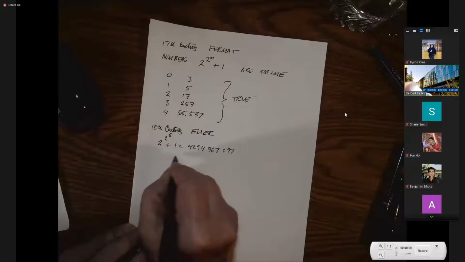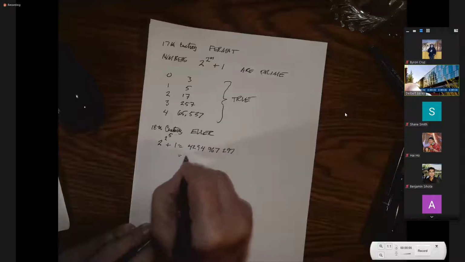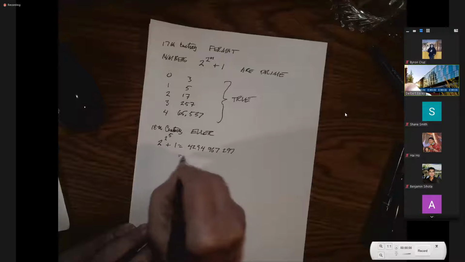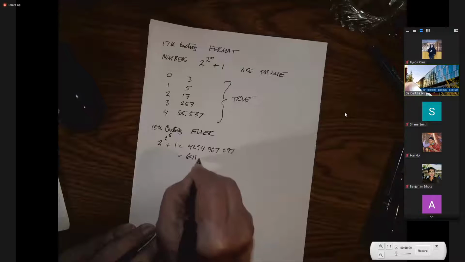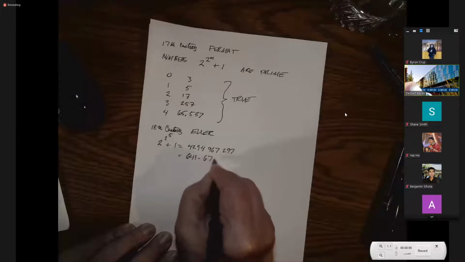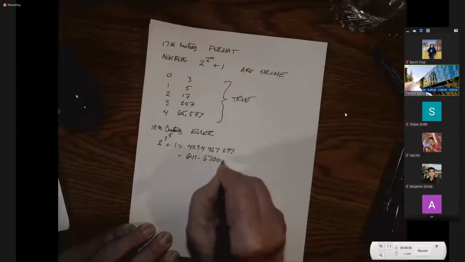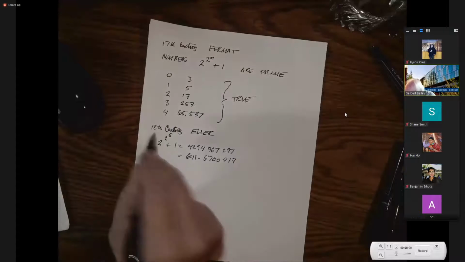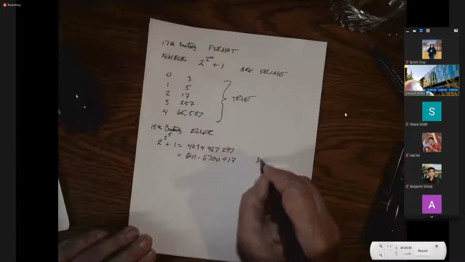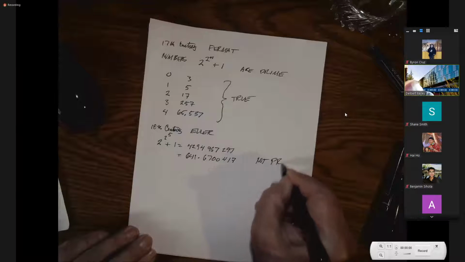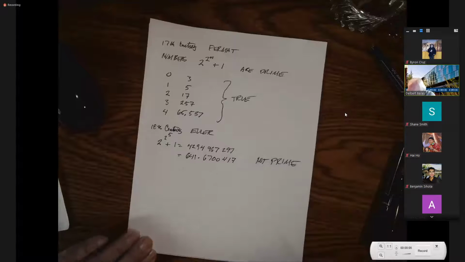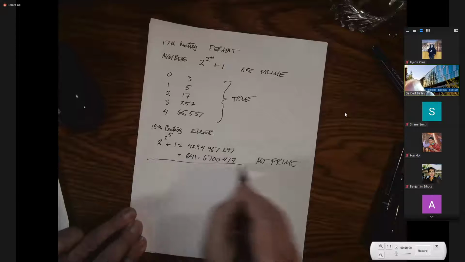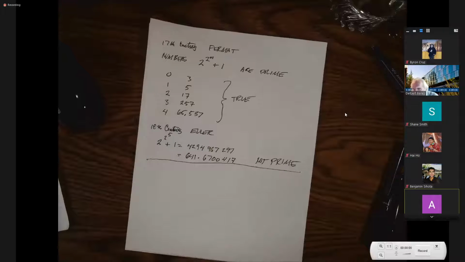What Euler showed was that this is equal to 641 times 6700417. So here, this is not prime, right? So this is a conjecture that worked out to not be true.